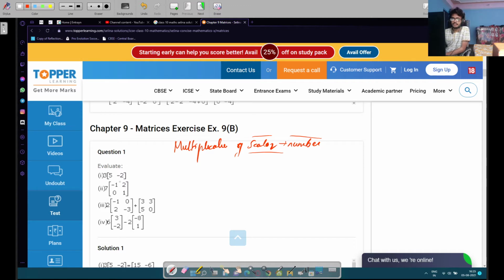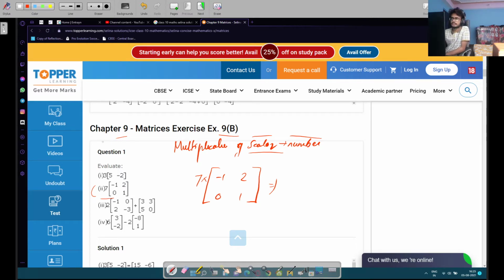So for example, if you look at this question, it's there in your exercise chapter 9, exercise 9b, question number 1, subheading 2. So we have a matrix question like this: 7 multiplied by [-1, 2; 0, 1]. So what is the process of multiplication of these types of matrices?